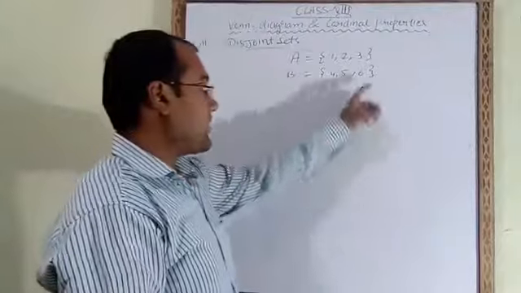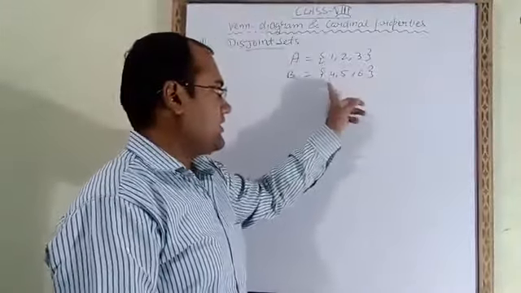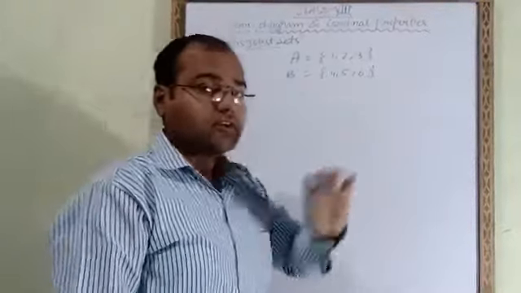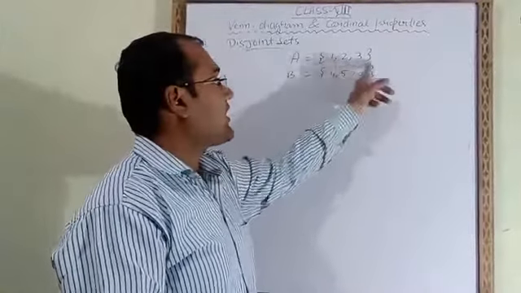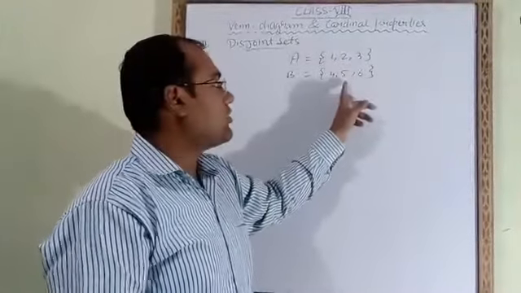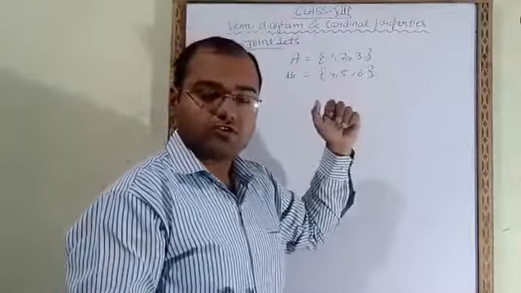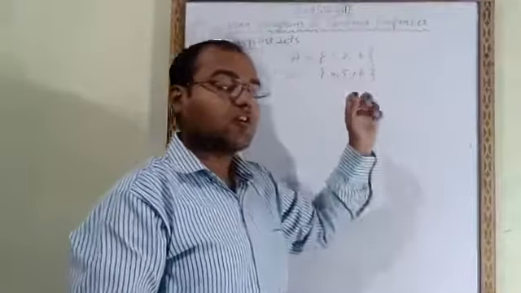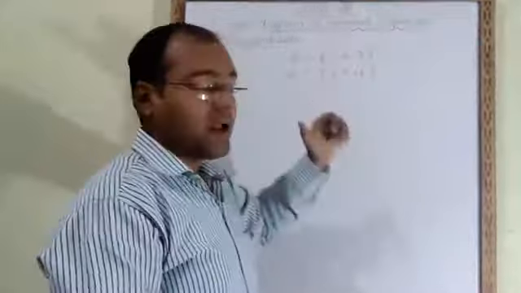Here we will observe that these three elements are not in B and these three elements are also not in A. That means these two are not subsets. Next, we will check for common elements. Is anything common in these two sets? No, nothing is common. That means these two are not overlapping either. So these two are called disjoint sets. A and B are disjoint sets.